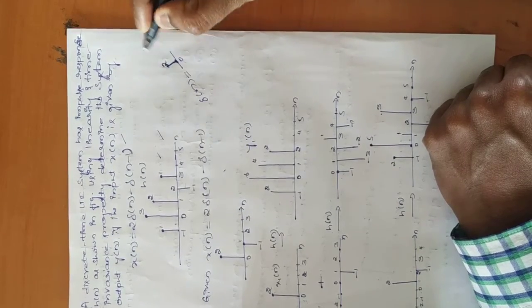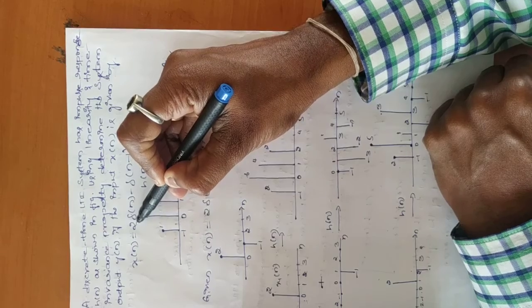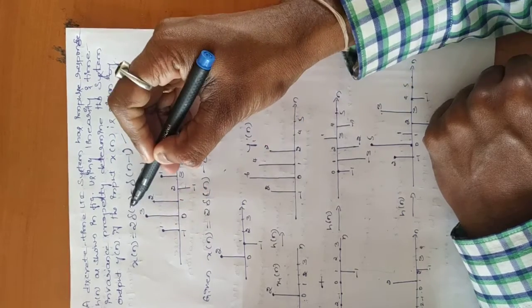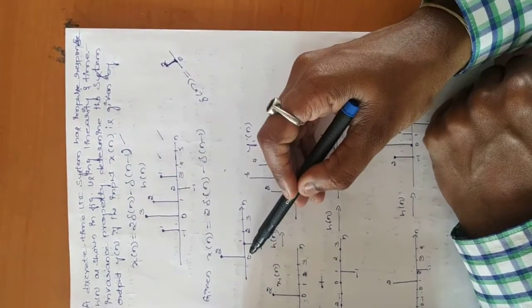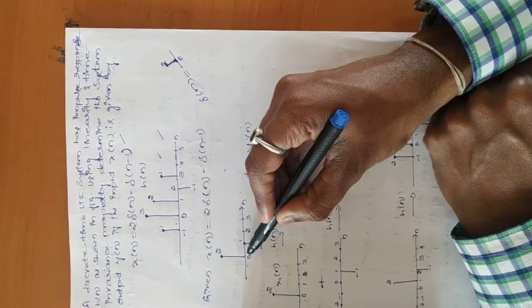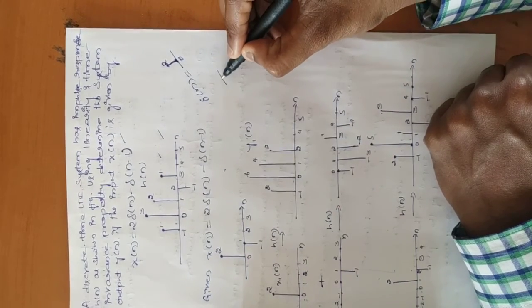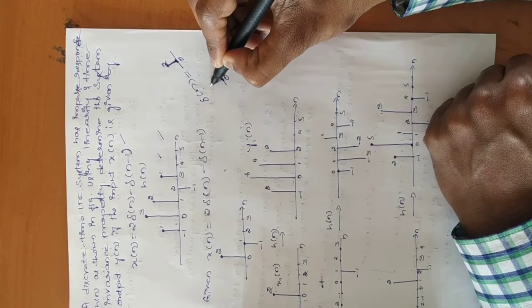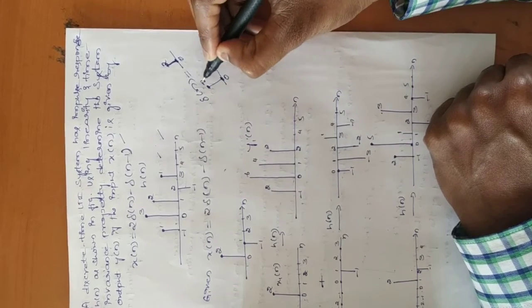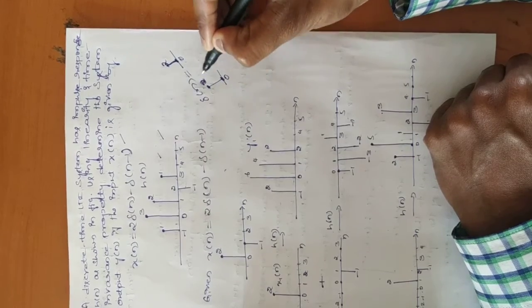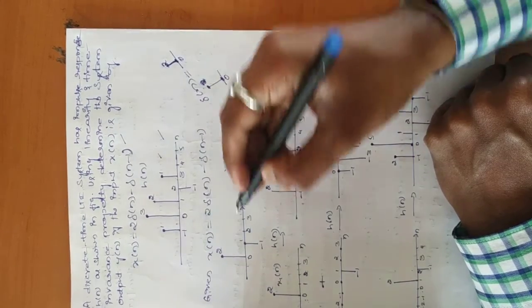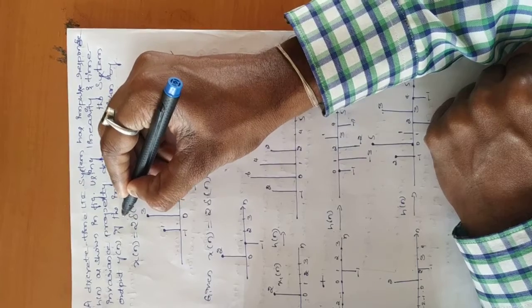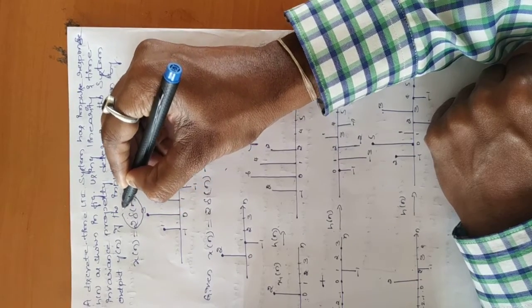Now you make it 2 because they are talking about the amplitude 2 in the delta of n signal. Delta of n at 0, its amplitude will be 2. Now it is 2. In the basic signal it was 1, now it is 2. So this is your 2 into delta of n.